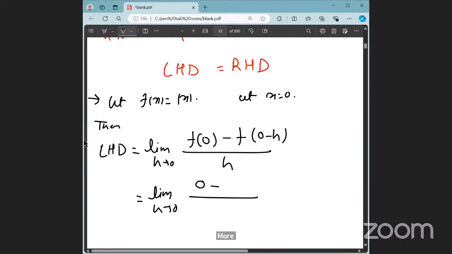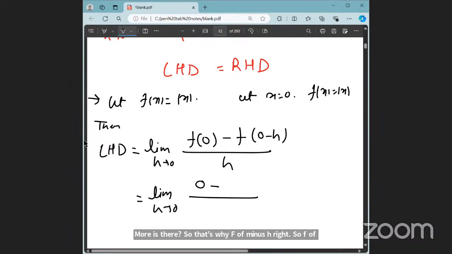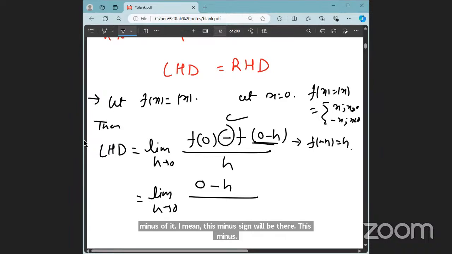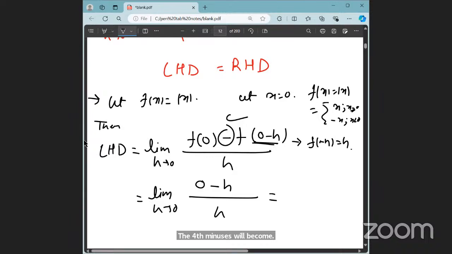We know that f of x is equal to mod of x, which gives a positive quantity: x when x is greater than or equal to 0, and minus x when x is less than 0. So f of minus h will become h only, and this minus sign will be there. h and h get cancelled out, and we get minus 1.